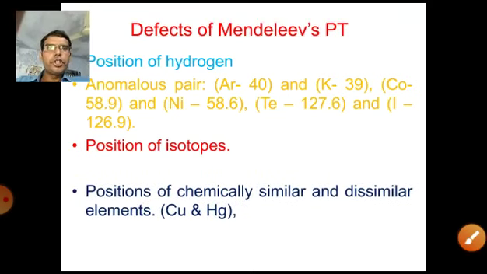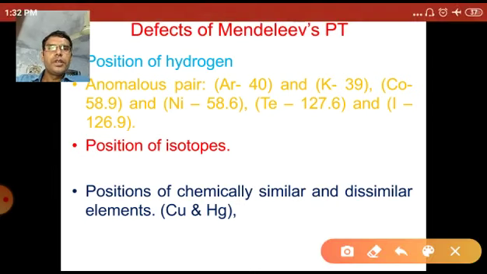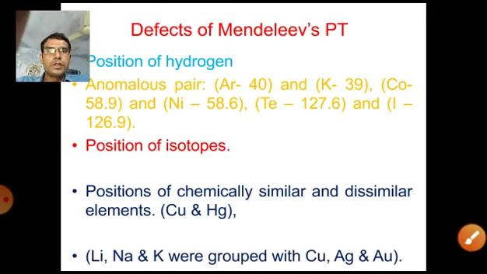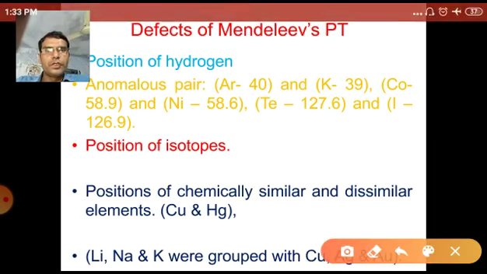Now next, the position of chemically similar and dissimilar elements. There are some similar and dissimilar elements in the same group. For example, copper and mercury both are transition metal elements, both are metals, but they are arranged in different ways. Same with lithium and sodium.